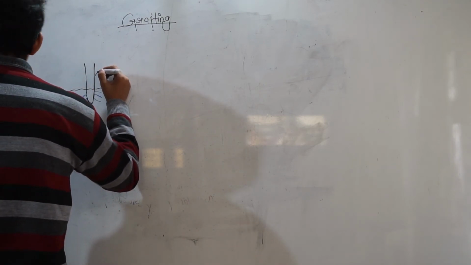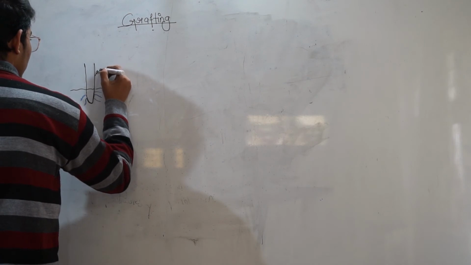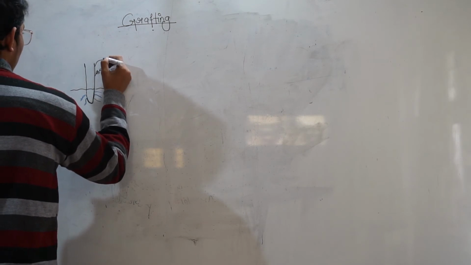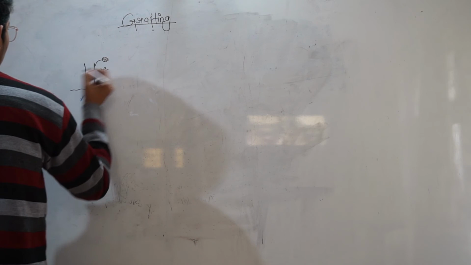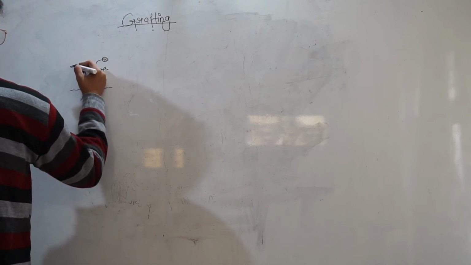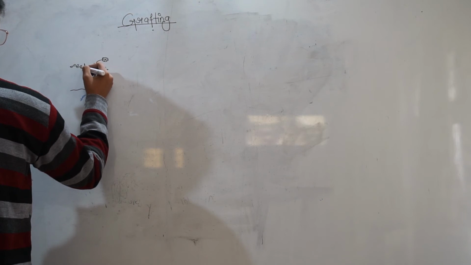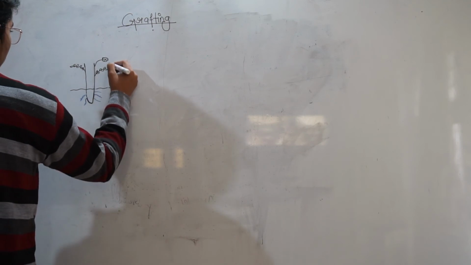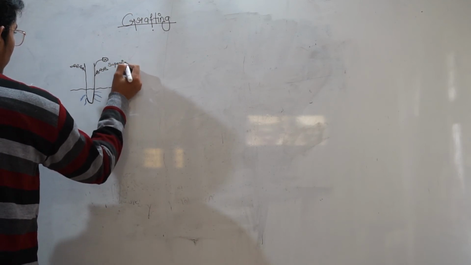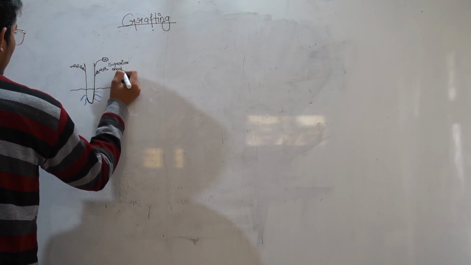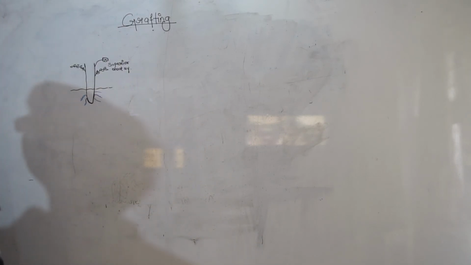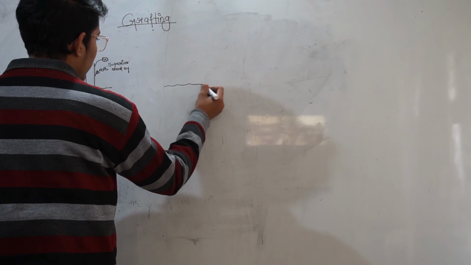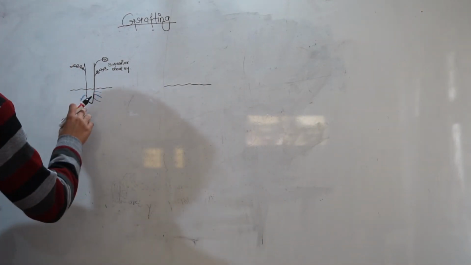So I'm making branches here, that has a superior shoot system. Let's say this is another plant, a different plant from this.